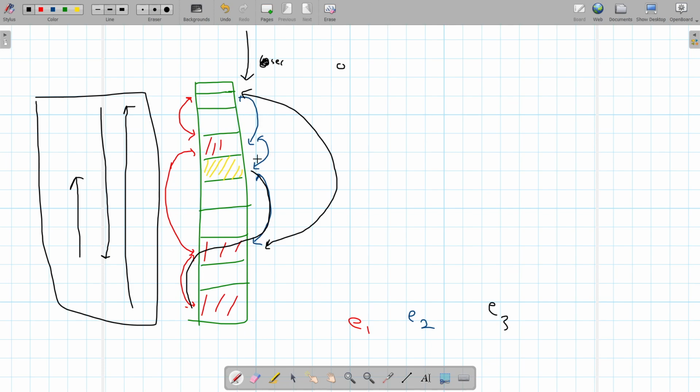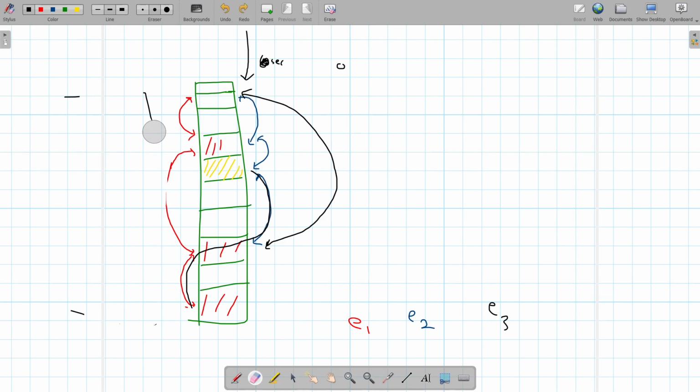So how would we solve the question then? If this was zero, how would we solve it? I'll just make all the edges red.